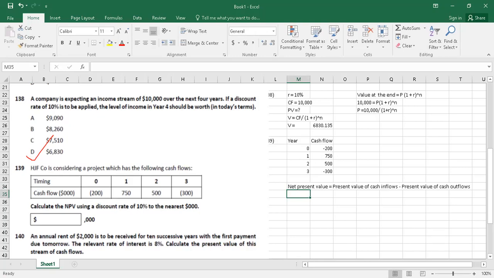Now we see that in 2 periods, there are cash outflows, but in 2 years we also have cash inflows. Whatever it is, we have the rate of discount as 10%. So first we'll find out the present value of cash flows at 10%.